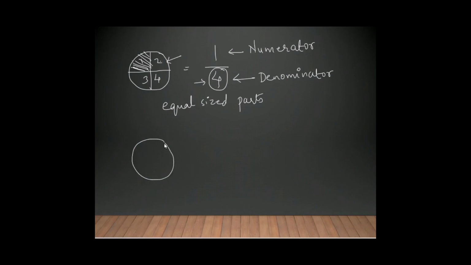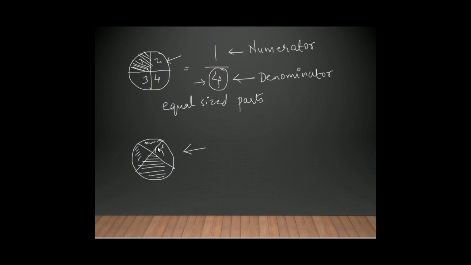Now take some figure which is divided like this. If you see, this part over here is much bigger than the other parts, right? And this part is the smallest of all. Now this figure, I will say that it is not correctly divided into equal parts.